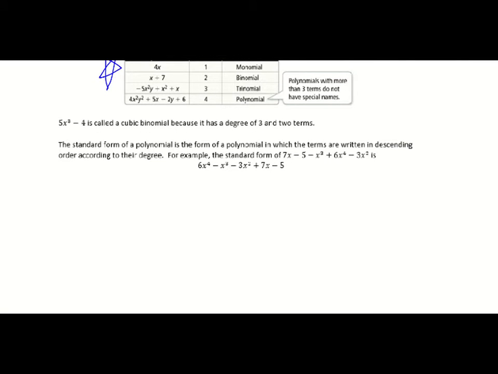Standard form, the last definition that we want to talk about today, is when a polynomial is written with the exponents in descending order according to their degree. In other words, we write them from the highest exponent to the lowest exponent.